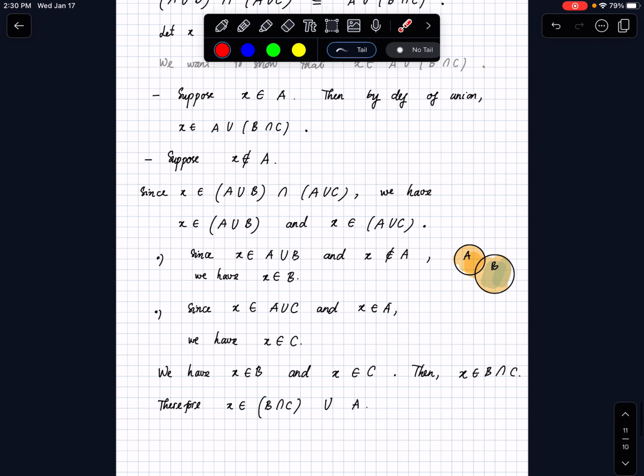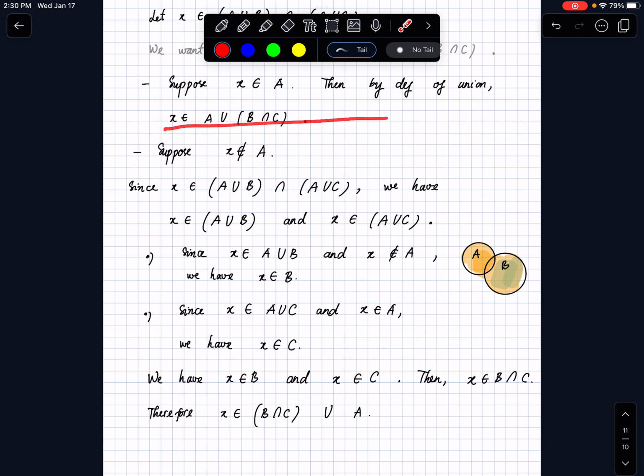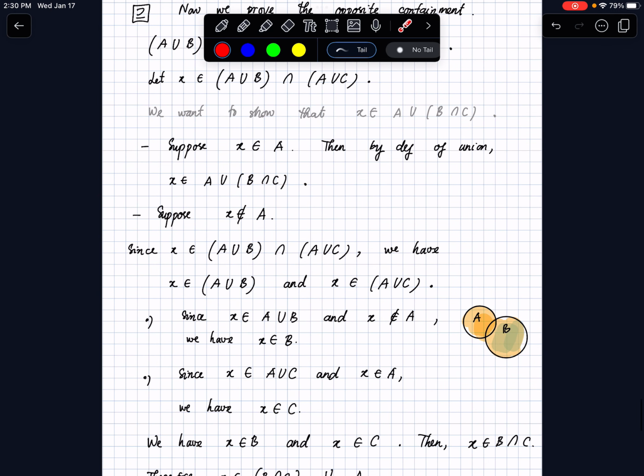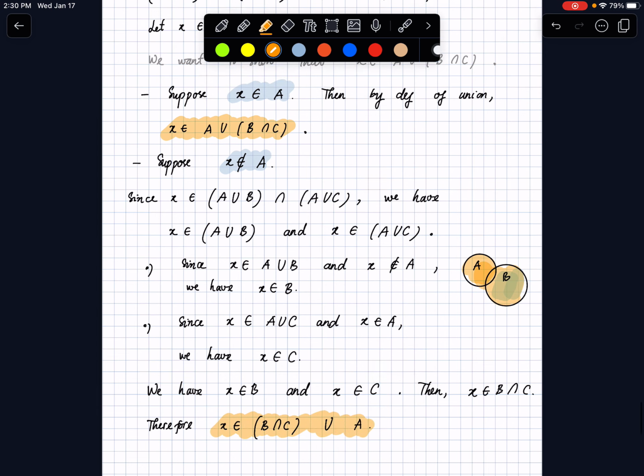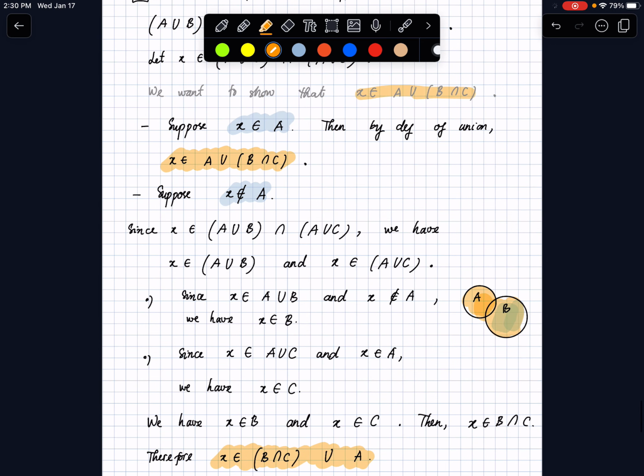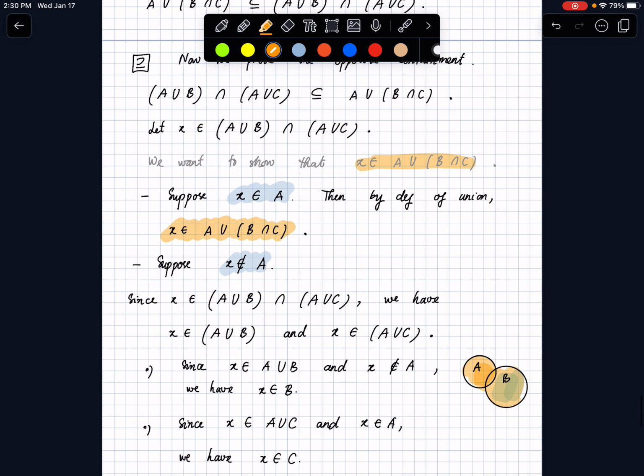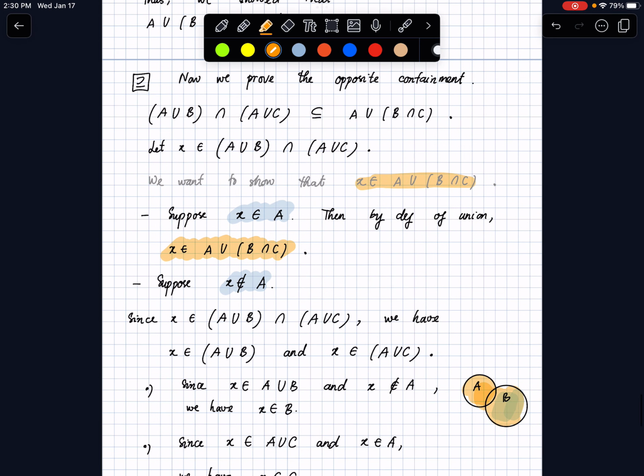Therefore, in any case, X in A or X not in A, we both have X in A union B intersects C, right? So we did show what we need to show. Therefore, we have this containment.